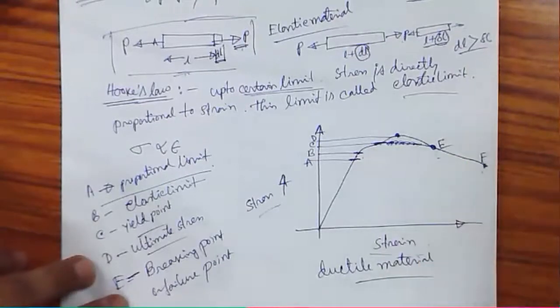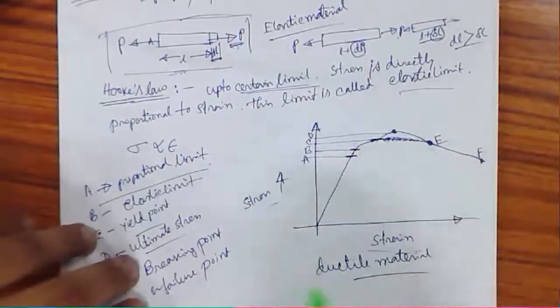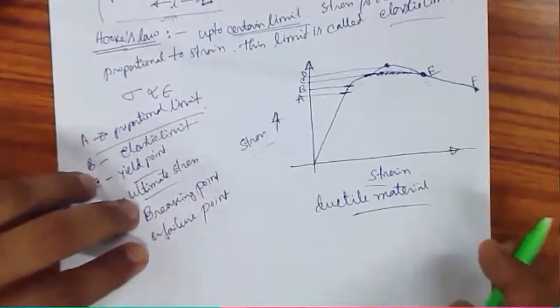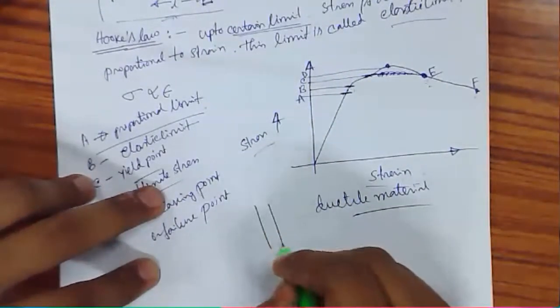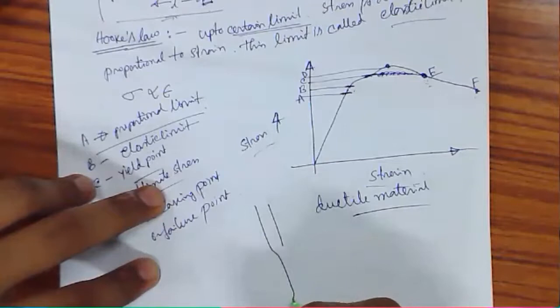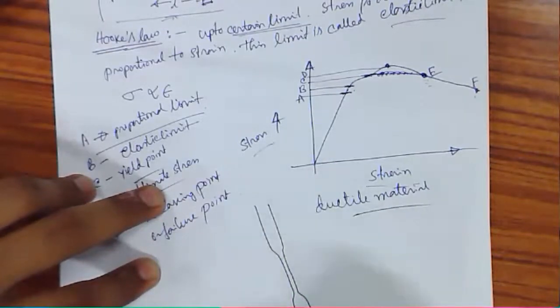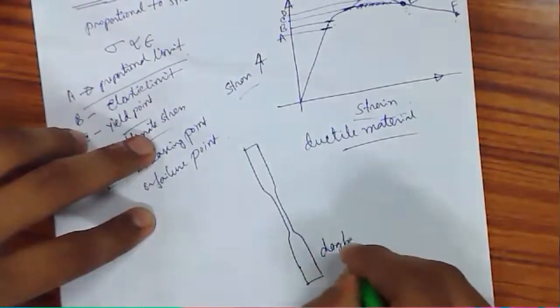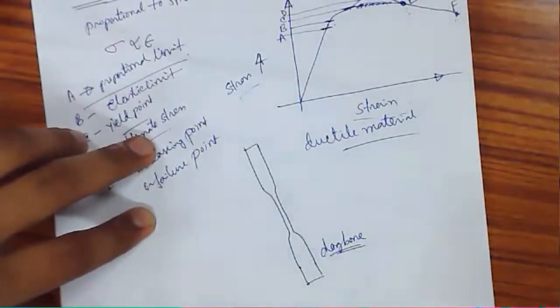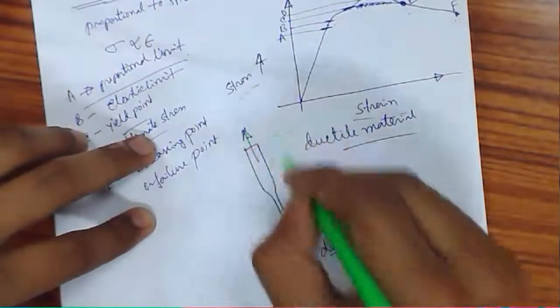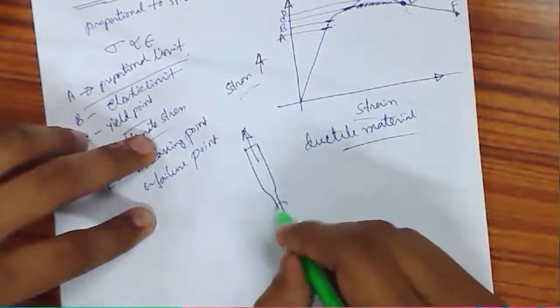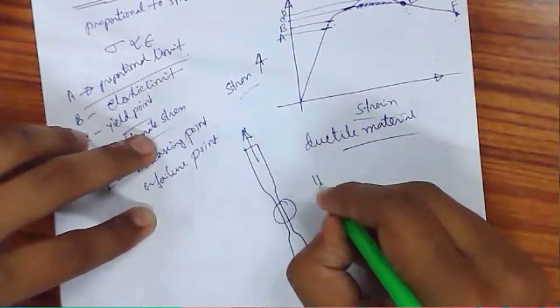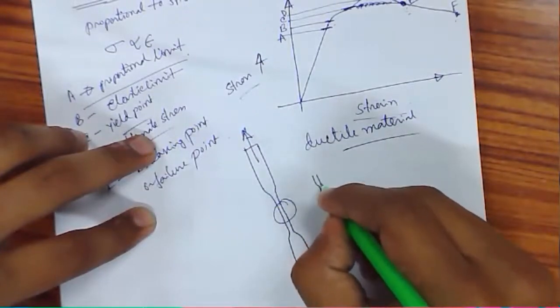At E point, actually the necking occurs. Necking means whenever you do this test, you have to use a dog bone type shape material. For testing purposes, we use the specimen in this particular shape, which is called dog bone shape. Now, if we apply tensile stress at both the ends, initially a necking will start.